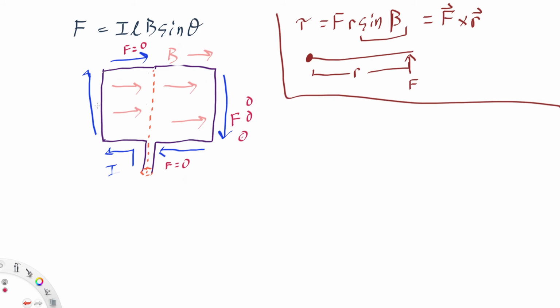Ah, there we go. Sorry. Okay. On the other side, fingers point up, palm points to the right, thumb goes away from you. So if we're pushing into the page on the left part of this loop, and we're pulling out of the page on the right part of the loop, that's going to make the loop spin around this axis that we've set it up for it to spin on.